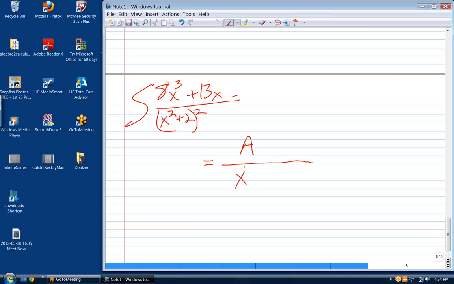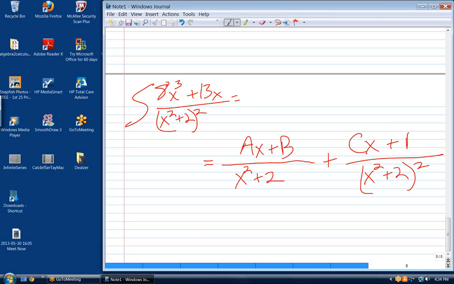So I need one denominator that looks like this, and I need another denominator that looks like this. Well, because these are quadratics, my numerator has to look like this in both cases.